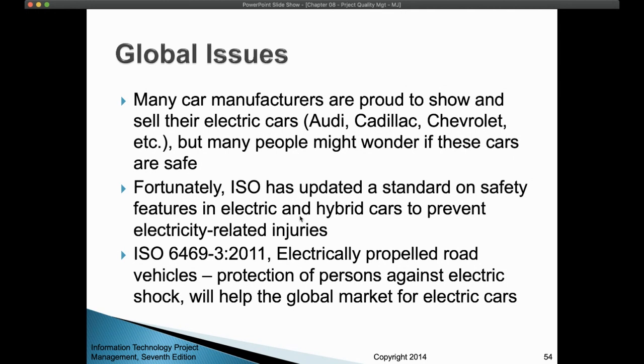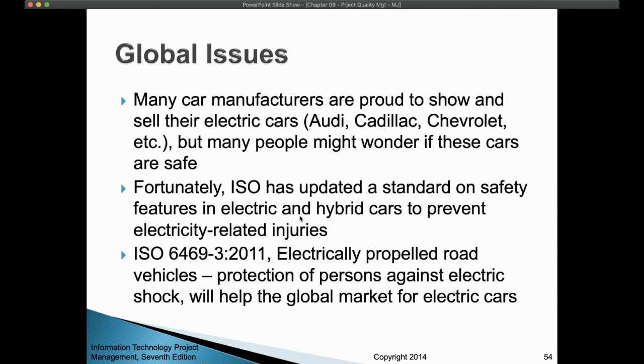Okay, so the good thing is that the ISO, for example, has a standard which was updated on the safety of cars, and it is made specifically for electric and hybrid cars, okay, to prevent any kind of electricity related injuries for the users of the car, the passengers. Okay, and it produced the ISO 6469-3:2011, electrically propelled road vehicles, protection of persons against electric shock.